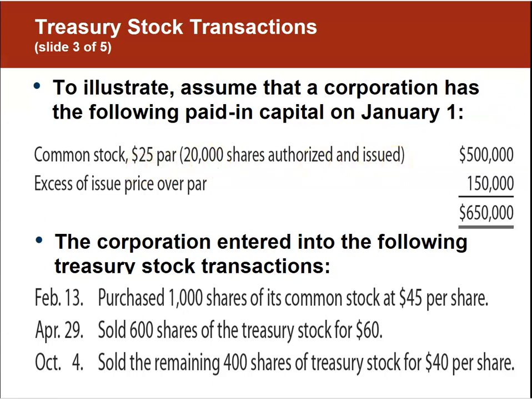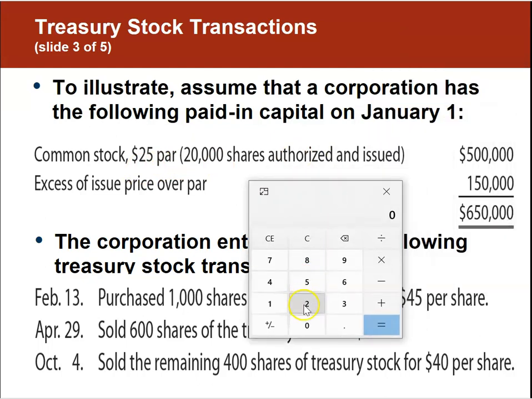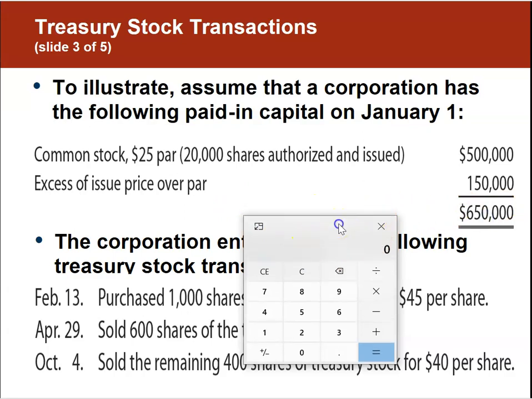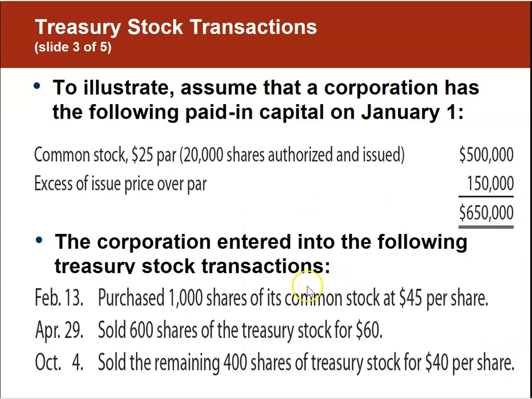So 25 times 20,000 equals 500,000. And then excess of issue price over par. I'm not sure we have this anywhere, but this would just be called paid-in capital in excess of par, is 150,000. So our total stock value here is $650,000.